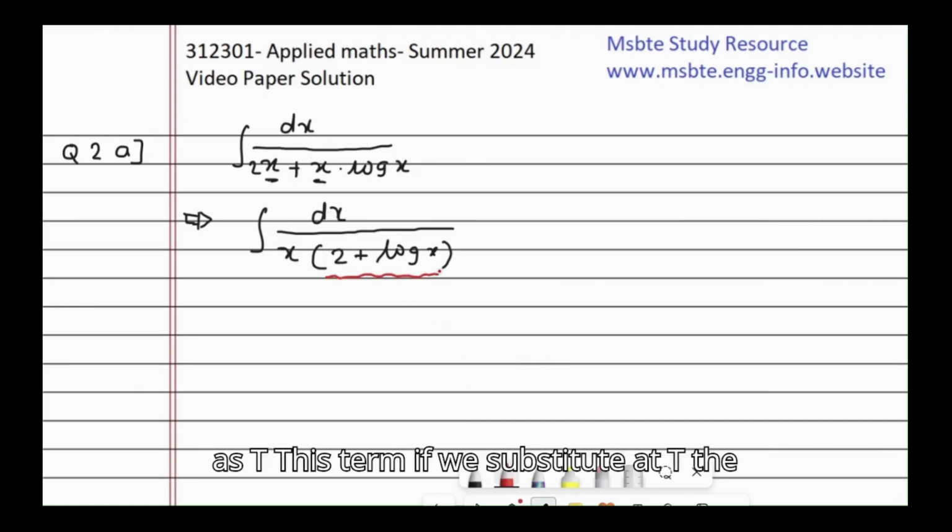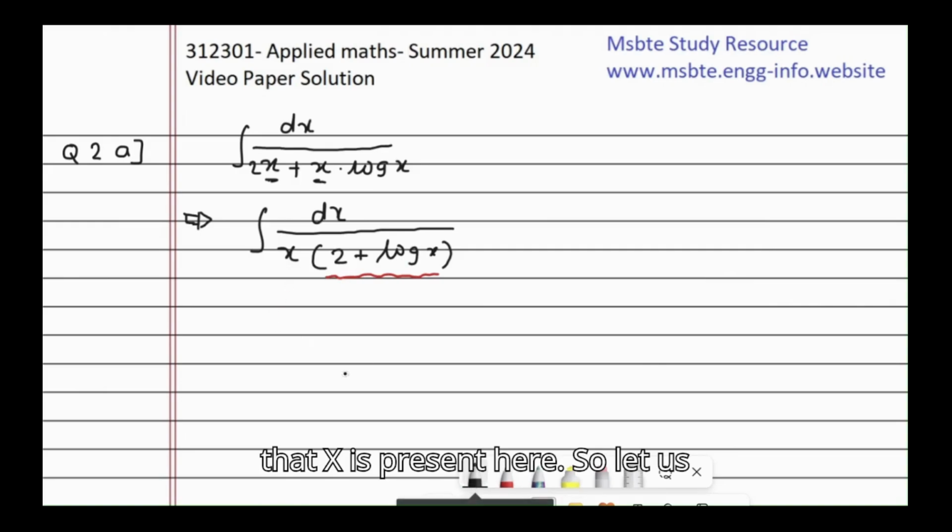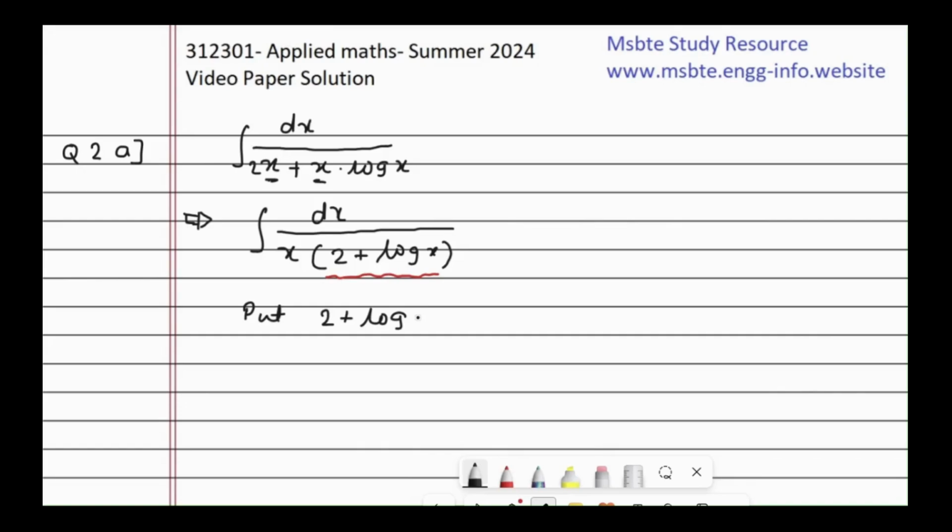This term, if we substitute it as t, the derivative of 2 will become 0 and derivative of log x will be 1 upon x. That x is present here. So let us put 2 plus log x whole term is equal to t. So let's differentiate this term.